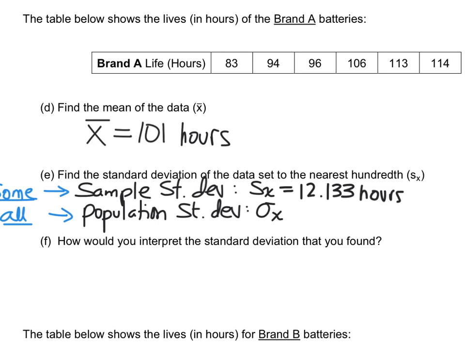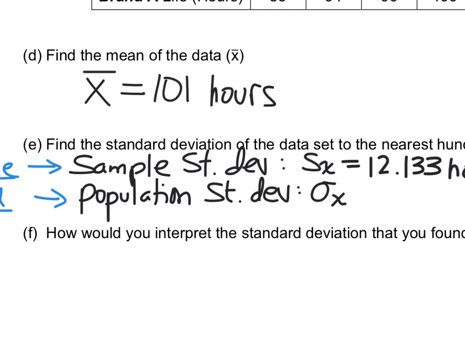The thing is, standard deviation is a comparative value. The battery life averages 12 hours. Wait, is that right? Pretty close. I was going to write spread out, but I'm going to change it to dispersed.